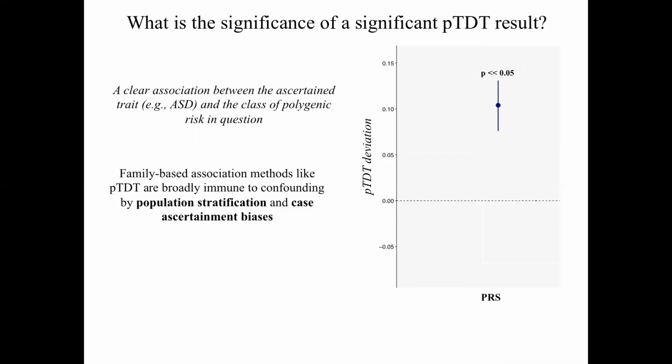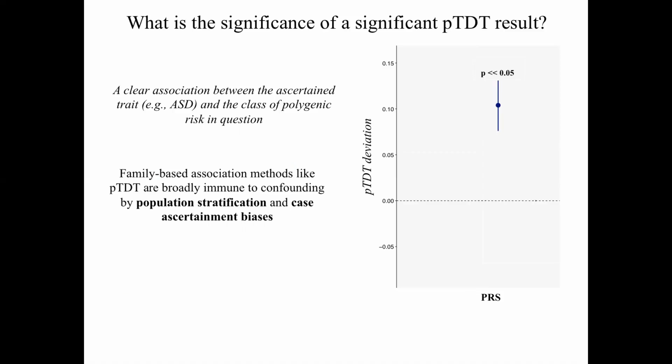So to get back to the positive genetic correlation between autism and educational attainment from before, some people thought that this was because you were systematically ascertaining autism cases of, say, higher socioeconomic status, which would drive this spurious correlation.